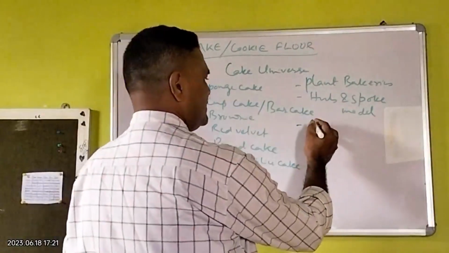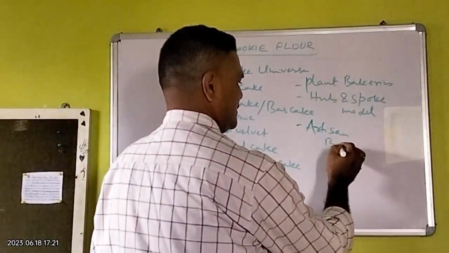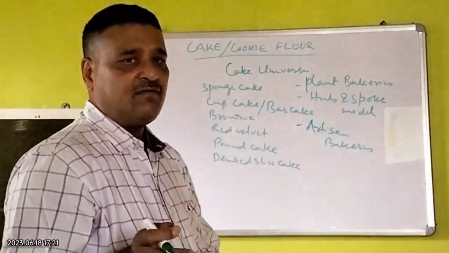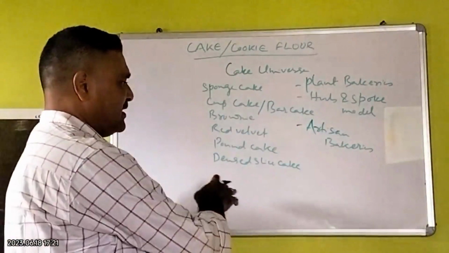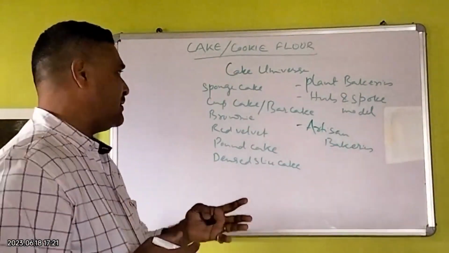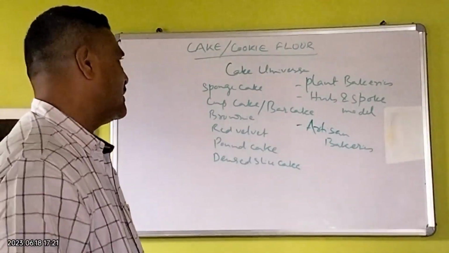And then you have got artisan bakeries. Artisan bakeries meaning that there is a counter in the front and bakery in the oven. Now these are the class of cake, whether we talk of egg based or egg free, these are the cakes sold across India.